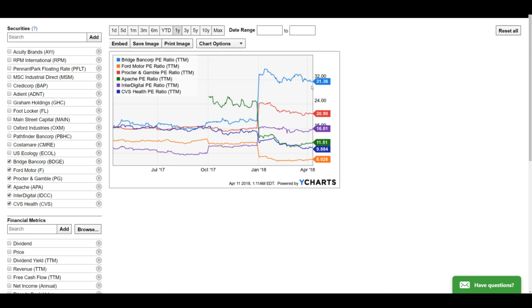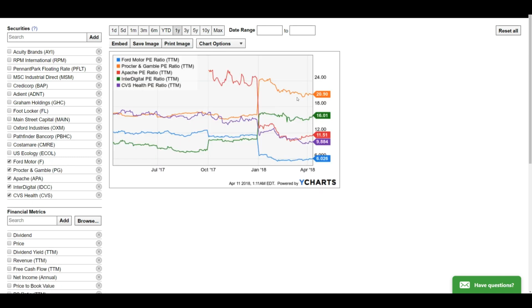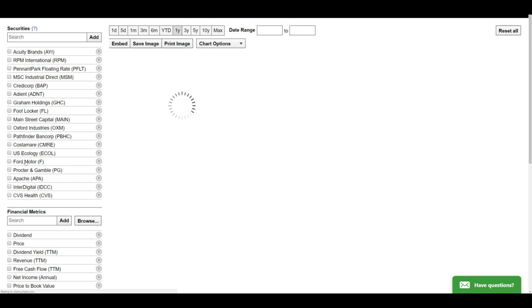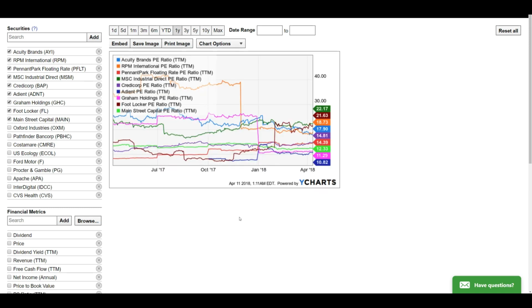Bridge Bancorp, here at the top, has a PE of 31, and that gives us our numbers. So all of these stocks now have a price earnings ratio of under 25. So you're not paying too much over what their earnings are in comparison to their earnings.